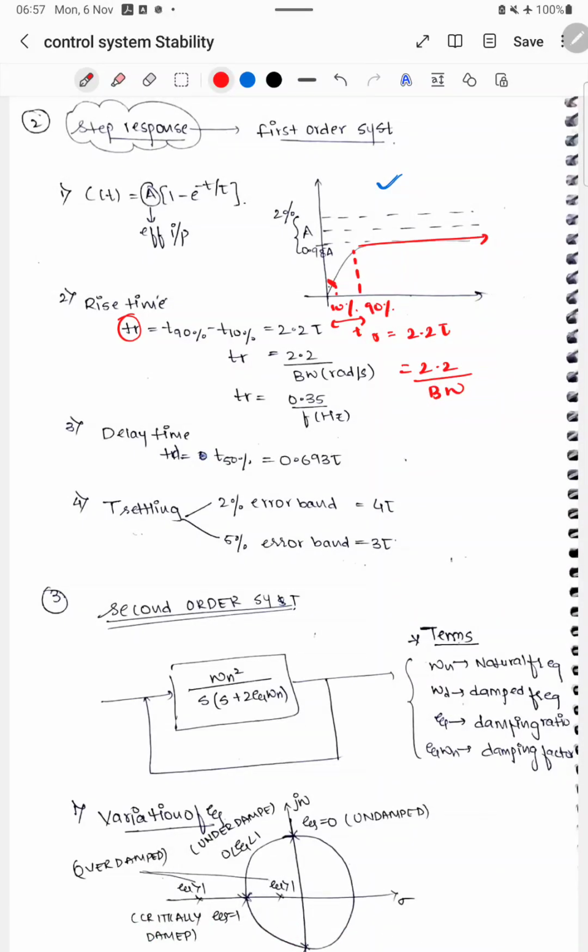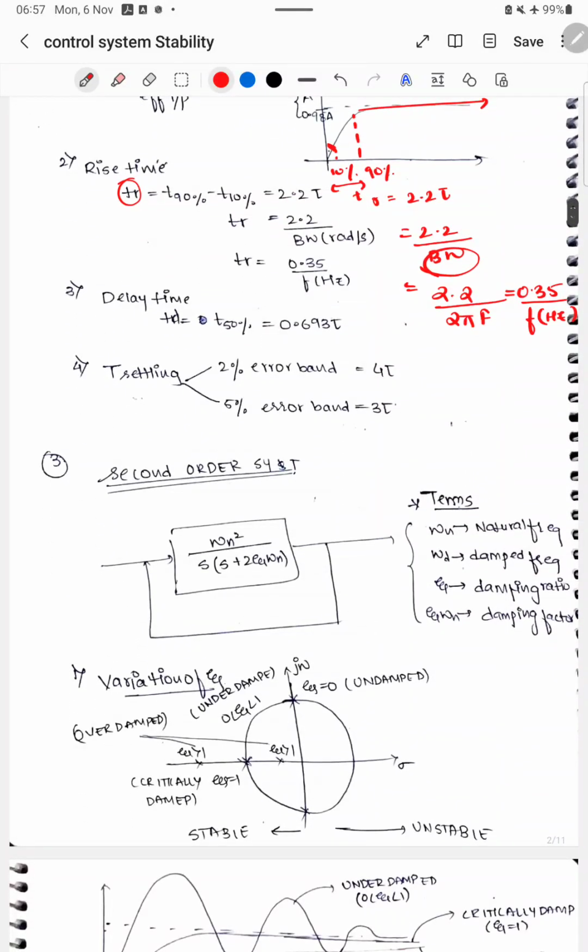In case bandwidth is given in frequency, it becomes 2.2 upon 2 pi f. That comes out to be 0.35 upon f in hertz. Bandwidth is in radians per second, but if it is in hertz, it will be either 2.2 tau or 2.2 upon bandwidth in radians, or 0.35 upon frequency in hertz. That is the story of rise time.